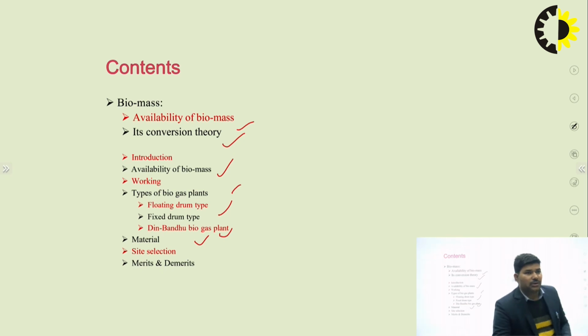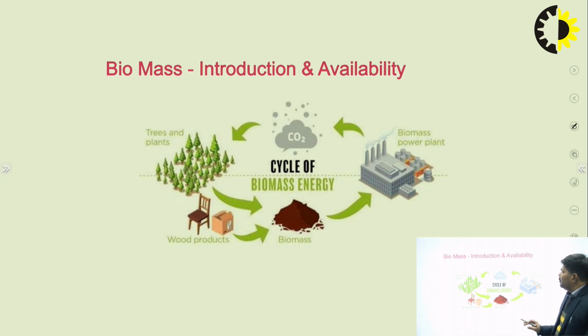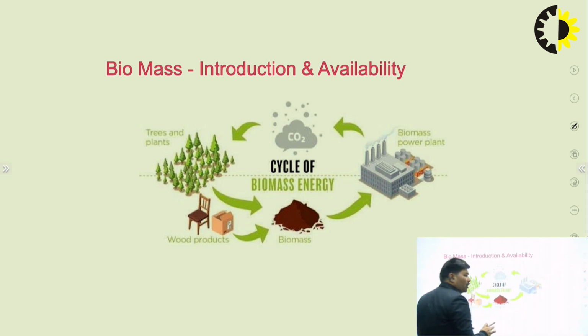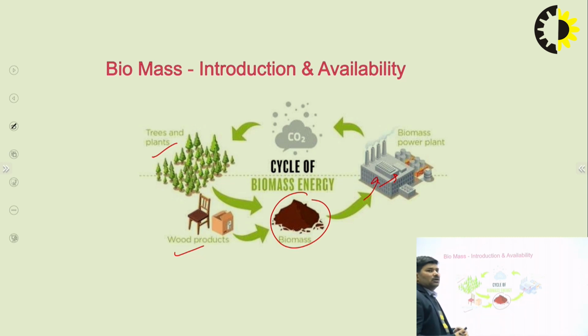So coming to this, you can see in the figure the biomass introduction and availability. There are some raw materials here, these are the biomass products. You can see the biogas power plant, which is the biomass power plant, then CO2, carbon dioxide, then trees and other plants. You can say wood products are there. So from the recycling of all these biomass, you can find the biogas power plant, and so you can get renewable energy.